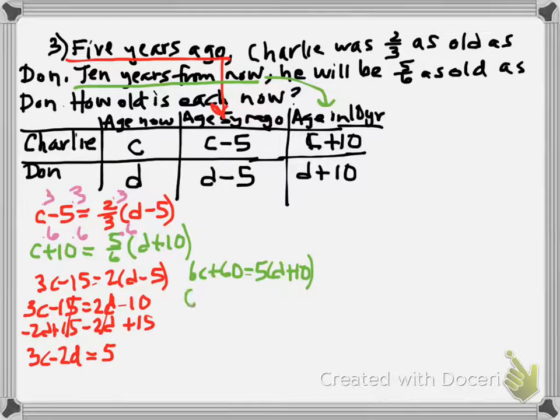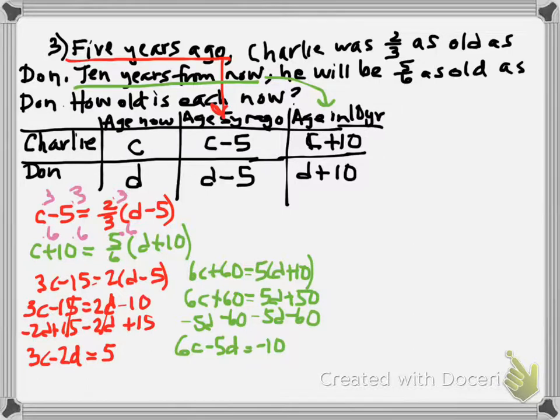The other equation, we get 6c plus 60 equals 5d plus 50. Same thing: c's and d's together, constants together, doing opposite operations. So I get 6c minus 5d equals negative 10.